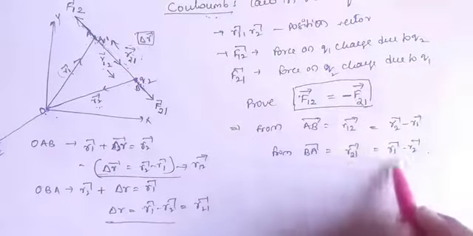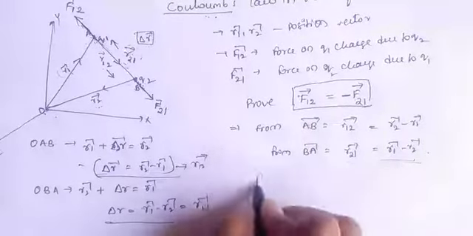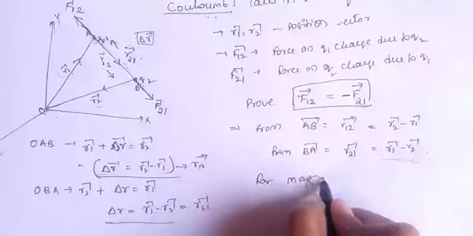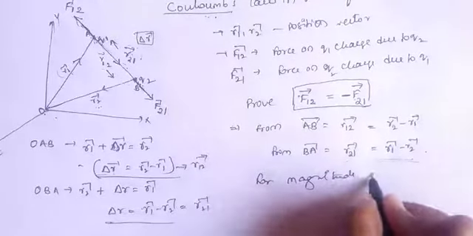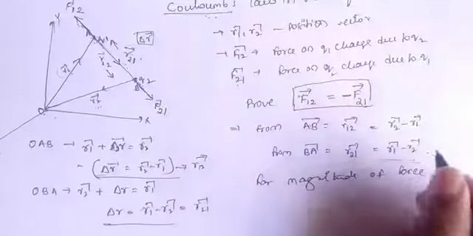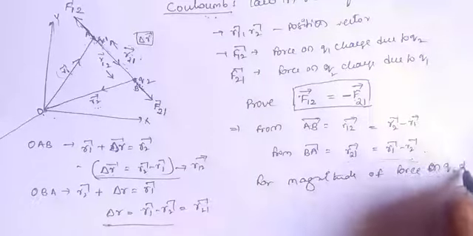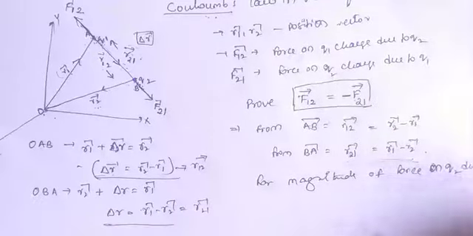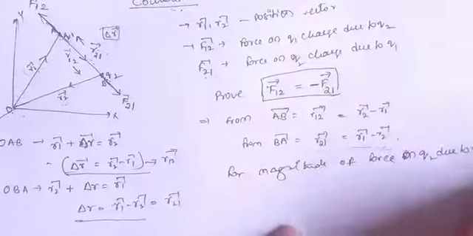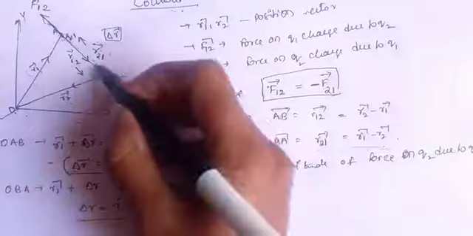Now here we have to get the force. So for the magnitude of force, that is from Q1 to Q2, or that is the force on Q2 due to Q1. Already we know that this is the unit vector.